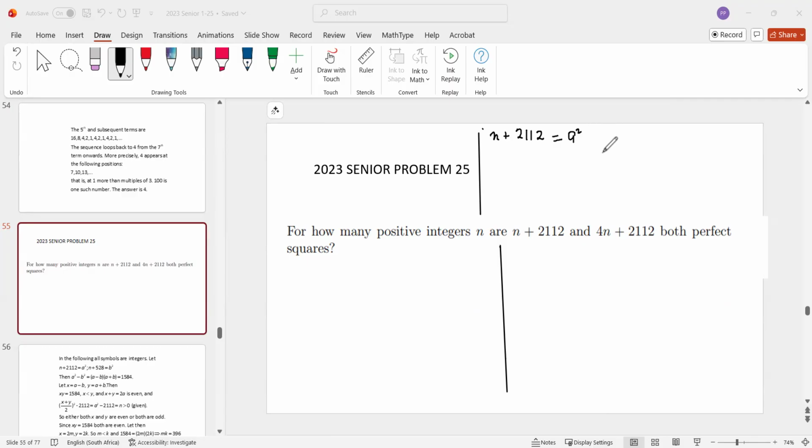So a is an integer, it's a perfect square. You've got 4n plus 2112 is also a perfect square. Now, this is obviously even, so this is an even perfect square. So it has to be the square of an even number. I'm going to call that 2b.